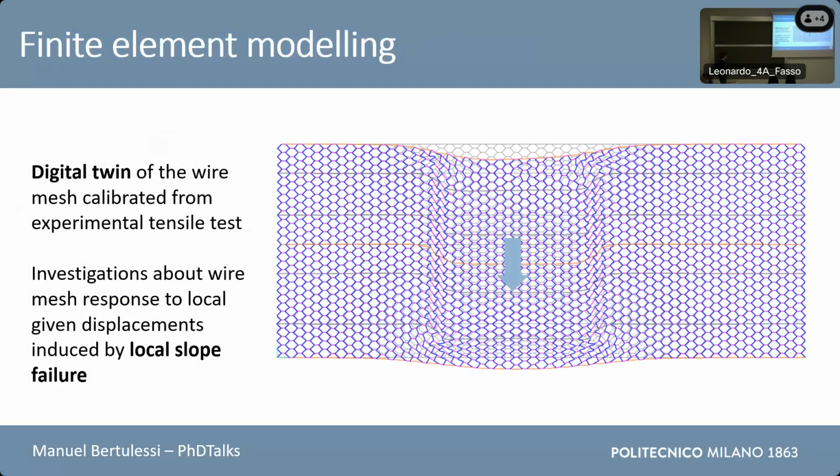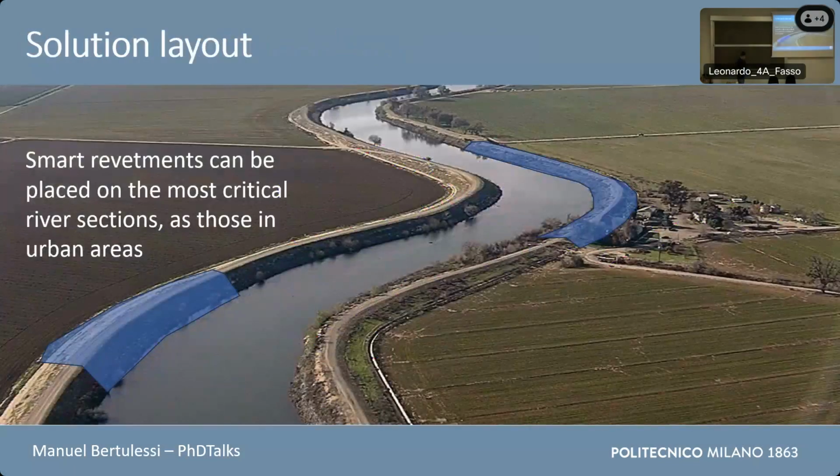We designed the digital twin of the prototype of this smart revetment on SAP by using finite element modeling, and starting from the digital twin, we investigate the mechanical behavior, and so what the fiber optic sensor would read when a given local displacement is induced in order to simulate the local slope failure of a given embankment. And what about the applied part of this solution?